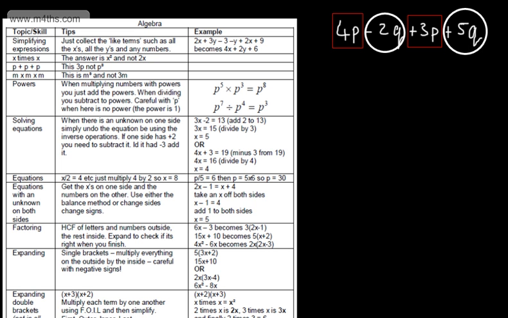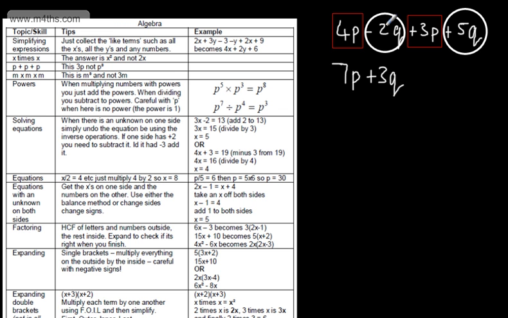So if I want to simplify this expression, and an expression is just a collection of algebraic terms, all I'm going to do is take the p's. I've got 4p plus 3p, that's going to give me 7p. I've got minus 2q plus 5q, that's going to give me plus 3q.